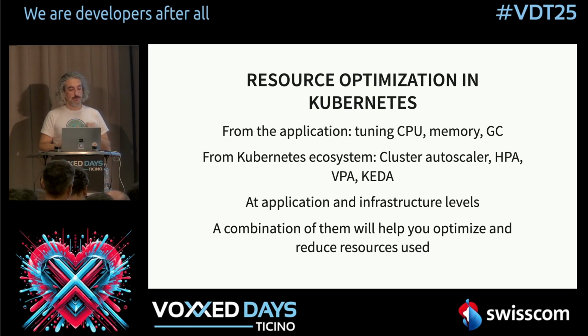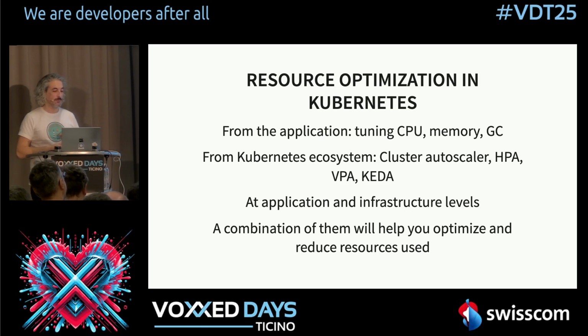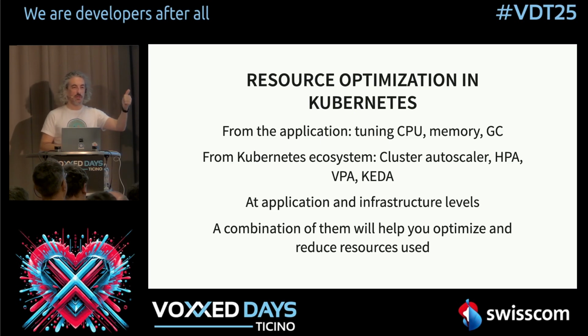To wrap up, we talked about a few things about resource optimization. From the application, obviously you can tune the CPU, the memory, Java garbage collection. From the Kubernetes ecosystem, you have cluster autoscaler, HPA, VPA, KEDA today that will help you do the autoscaling.